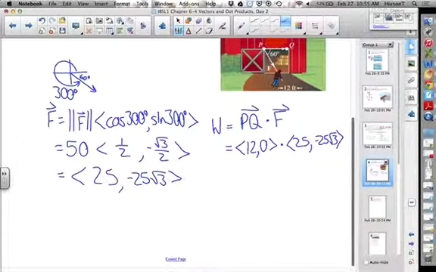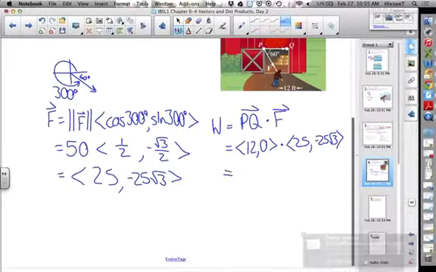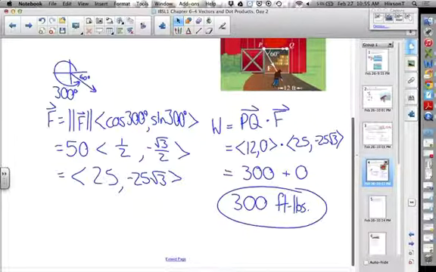And what do we get? You get 12 times 25, 300, plus 0. That's why I said don't bother finding that as a decimal, because it's going to come out to 0 when we do the dot product. So our work done is 300 foot-pounds. 300 foot-pounds of work.